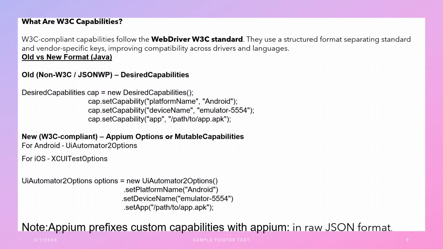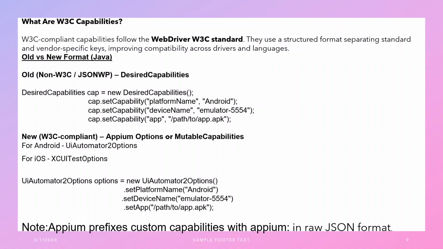To achieve that, we are using two classes called Appium options or MutableCapabilities. For Android, we are using the UI Automator 2 options class to configure the capabilities, and for XCUITest, we are using the XCUITest options class. But in older versions, we used to use desired capabilities for both Android and iOS.